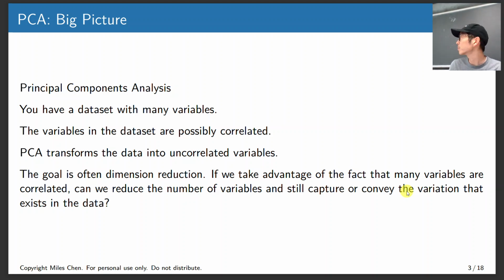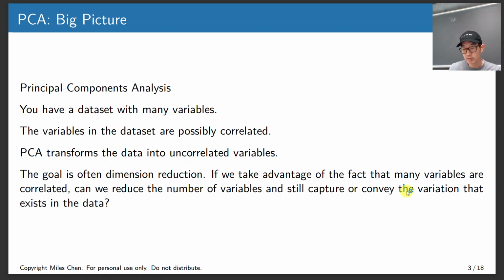And so the big picture idea here is you start off with a data set, a whole bunch of variables, and a lot of these variables might be correlated with one another. And what PCA will do is it will transform the data into uncorrelated variables.